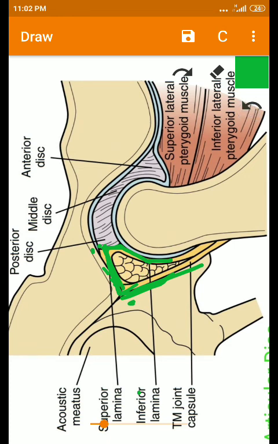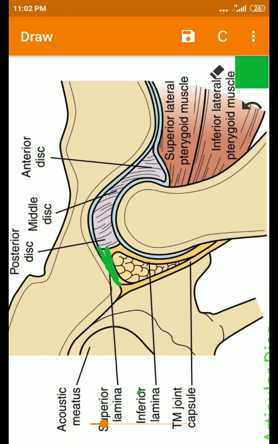So the superior lamina of the bilaminar retrodiscal pad is attached posteriorly to the tympanic plate, which is present at the posterior mandibular fossa. This superior lamina consists of elastic fibers that allow the superior band to stretch.